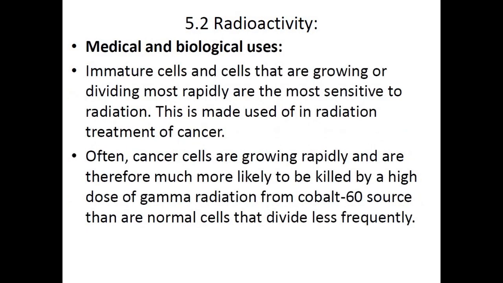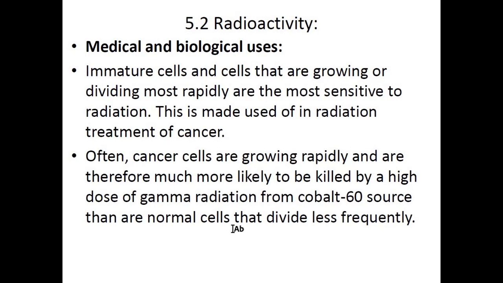Medical and biological uses. Immature cells and cells that are growing or dividing most rapidly are most sensitive to radiation. This is made use of when we are treating cancers by the use of radiation.